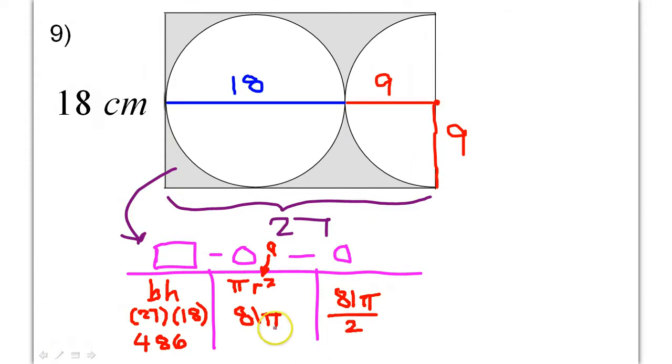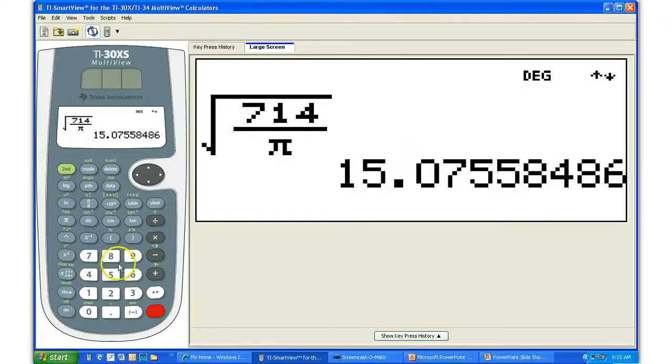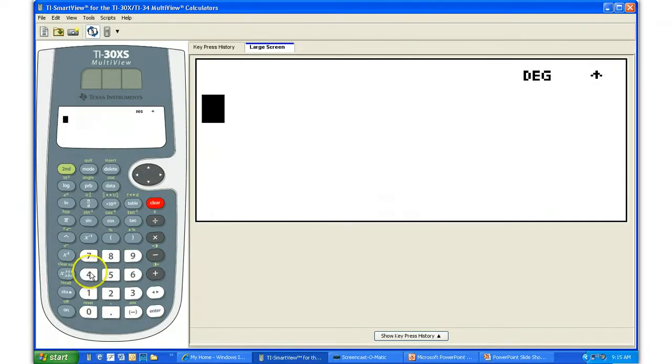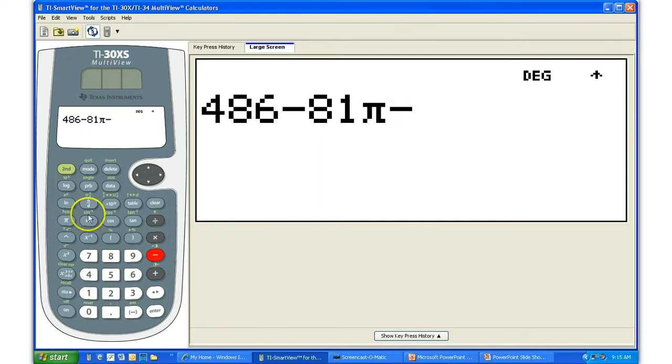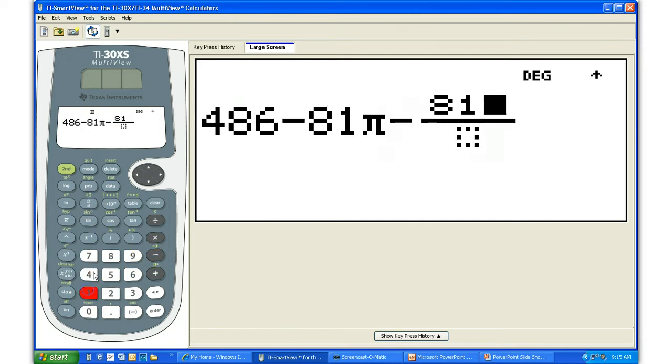Anybody lost? Okay, so we said that to find the shaded area, we were just going to do the rectangle minus the circle minus the semicircle. So that's what we'll do. Let's see, all right, so what was it? 486 minus 81 pi minus 81 pi over 2.